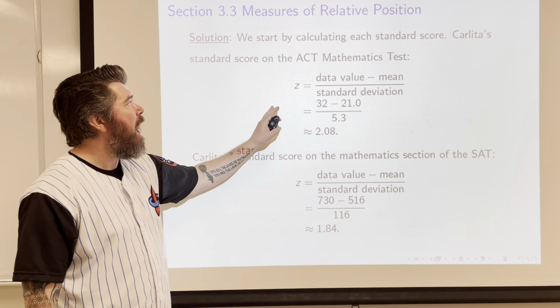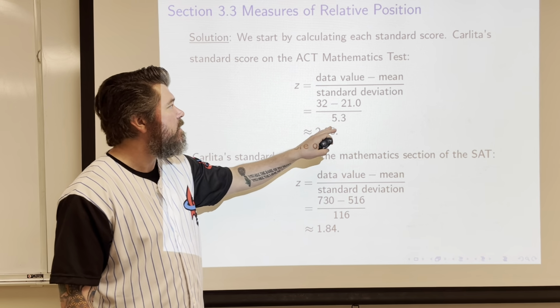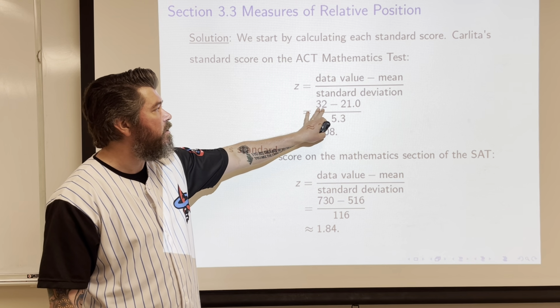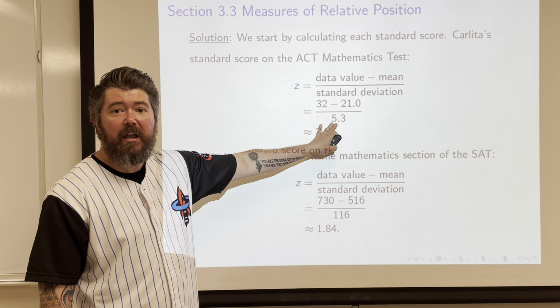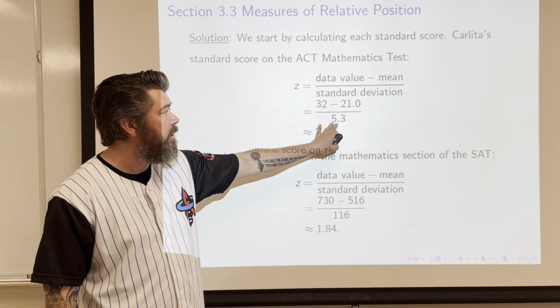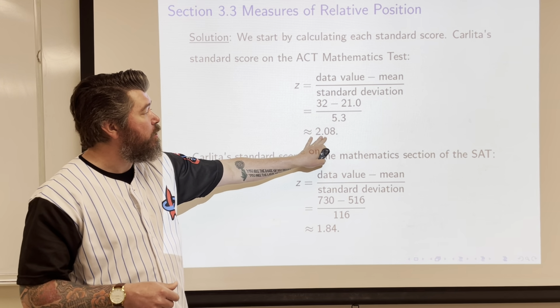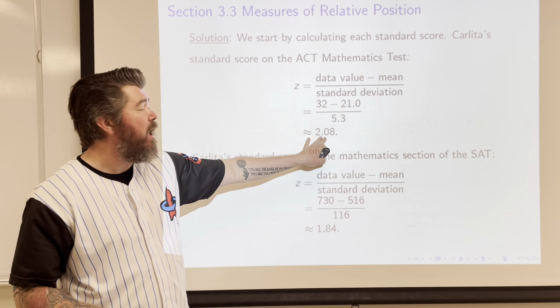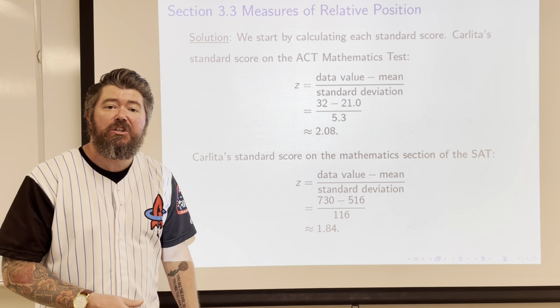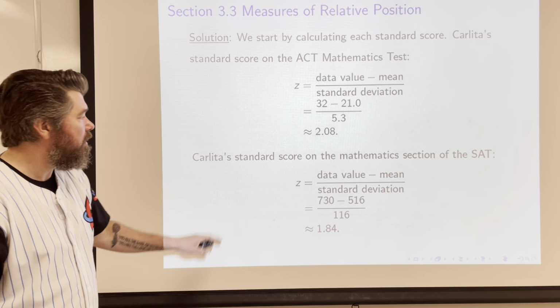So when I look at the ACT math test, her data value was 32, the mean was 21, and the standard deviation was 5.3. So I see that Carlita's score was 2.08 standard deviations above the mean.